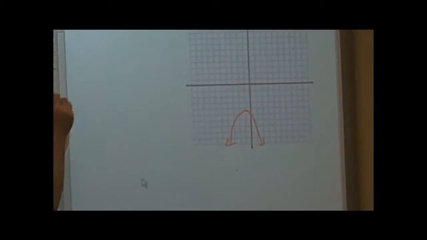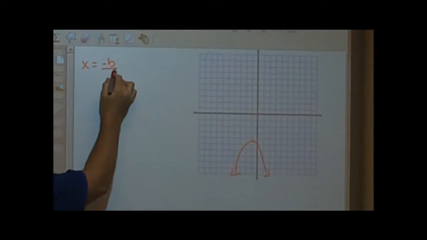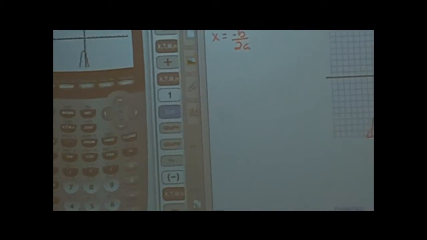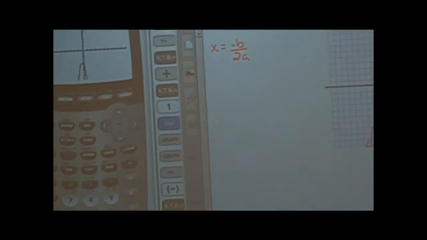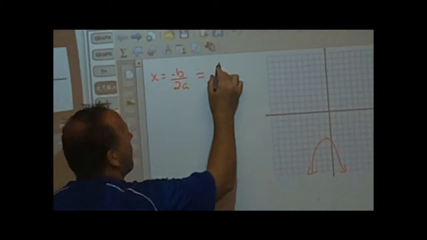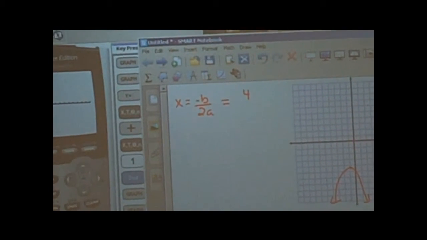So, first of all, the vertex. I know that x equals negative b divided by 2a. I look at my worksheet, my b value is negative 4. So my top number is going to be 4, because a negative of a negative makes a positive.